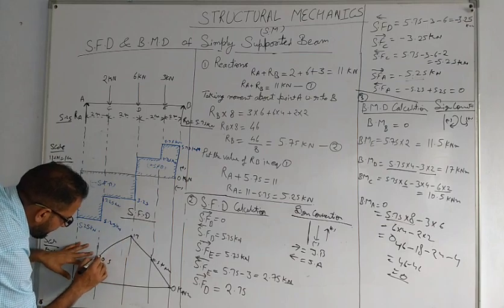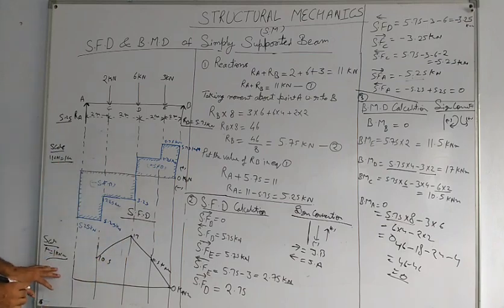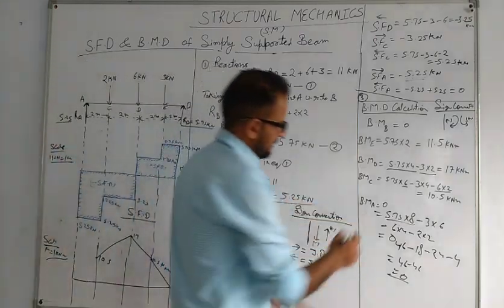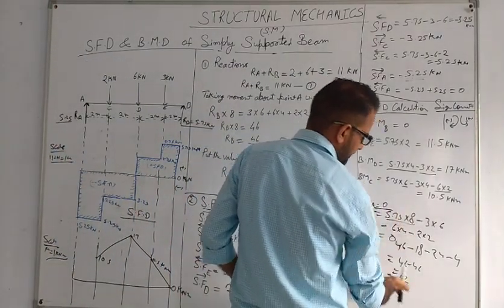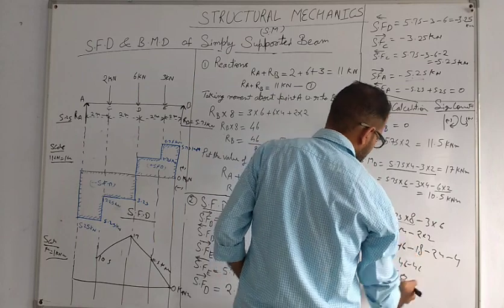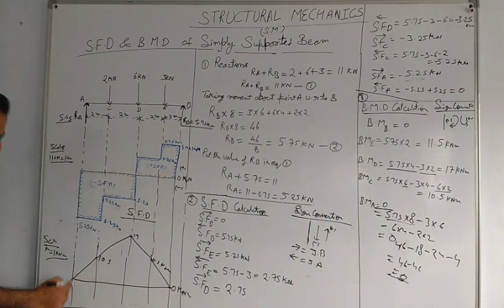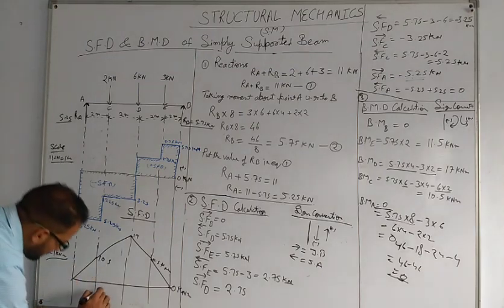We will join this line. And at the end point, bending moment at A is 0. We have tabulated this also, and it comes to 0. So now we will join this line. So this is the bending moment diagram.